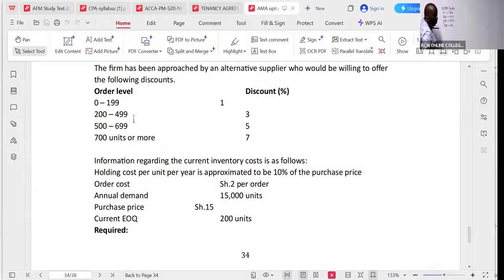Then the discount percentage. What do we have there? We have 1, 3, 5, 7.